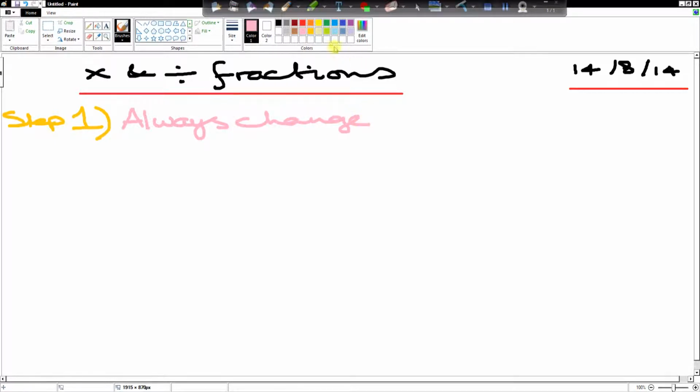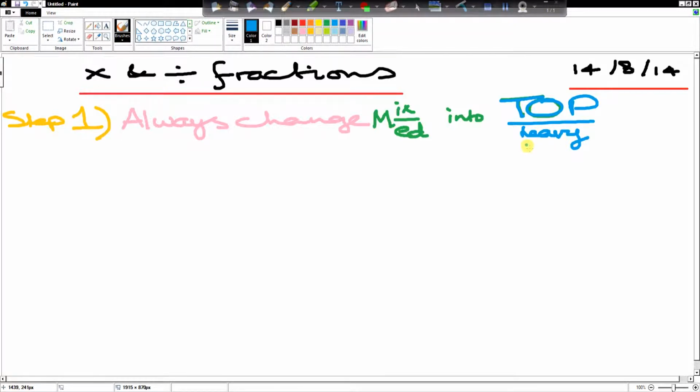Always change mixed fractions into top heavy, or we call them improper fractions.